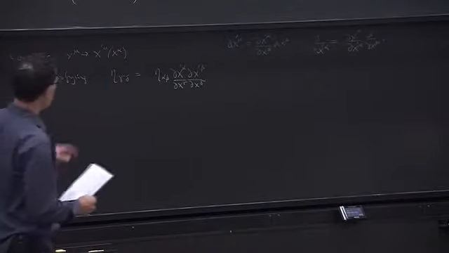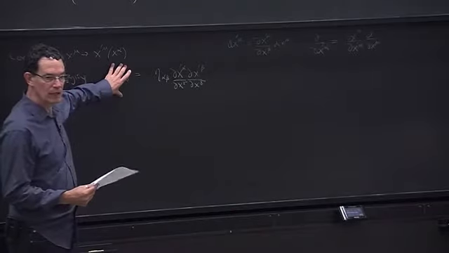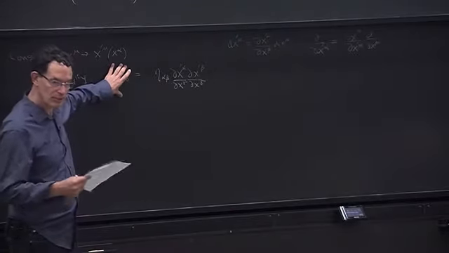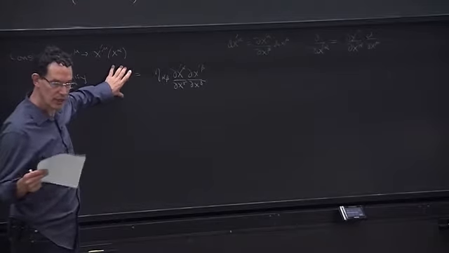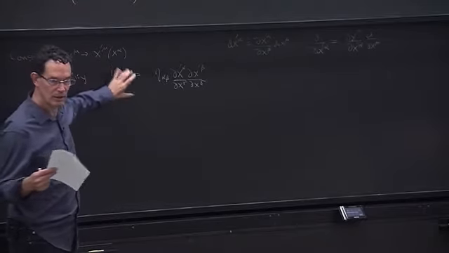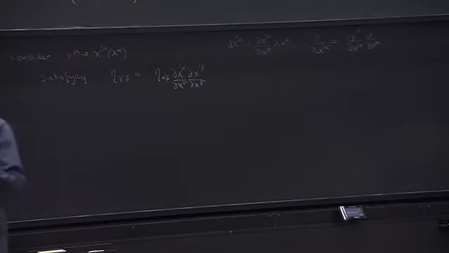And what I want for my eta, if I want my Maxwell's equations to be valid in any coordinate system, is I want eta prime to equal eta. Right? I want the transformation of eta to leave eta unchanged.